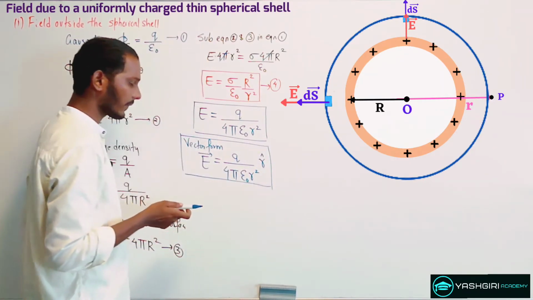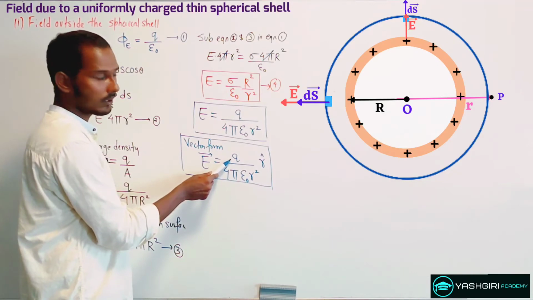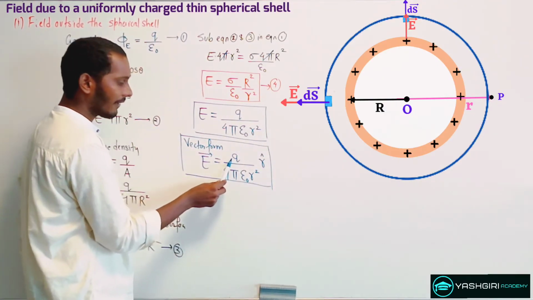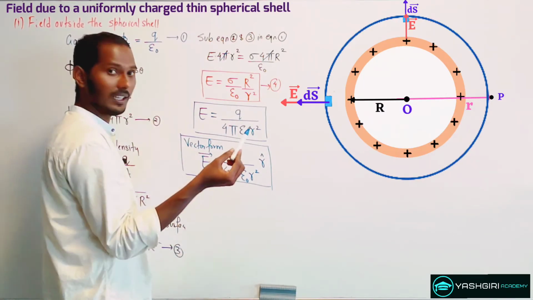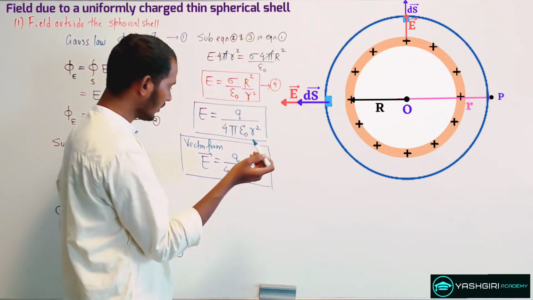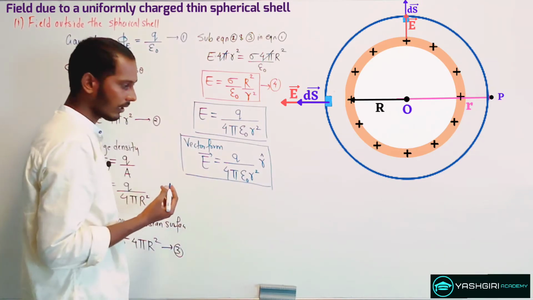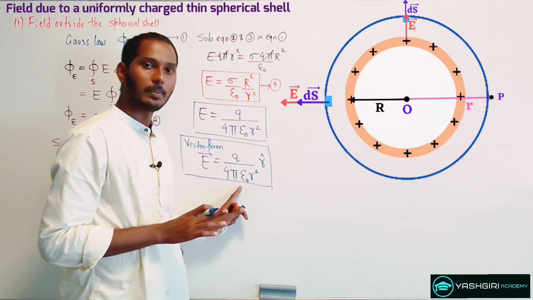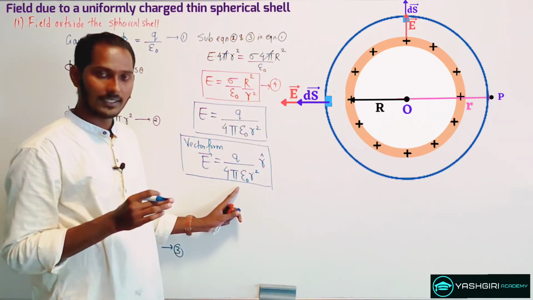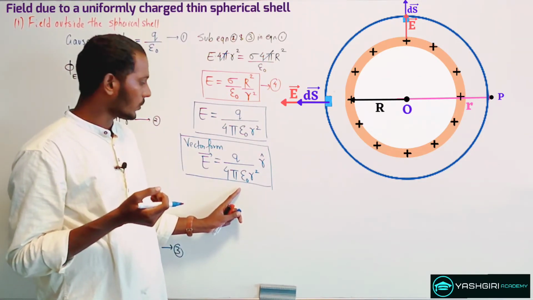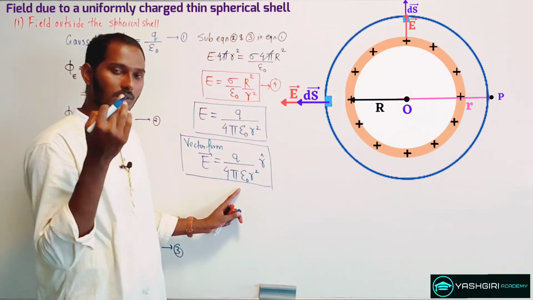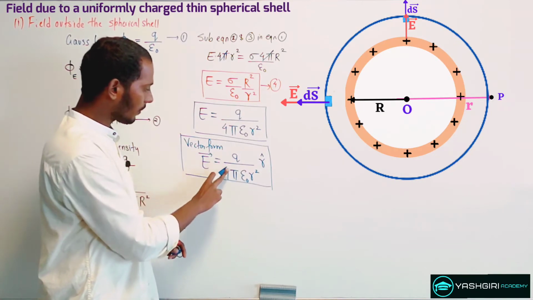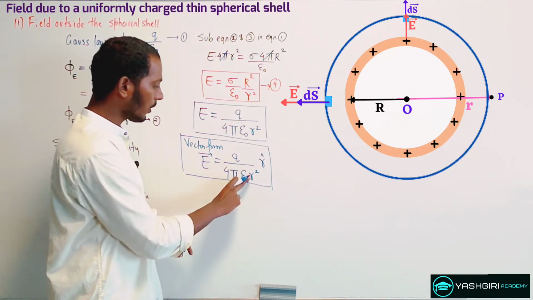Now here, if the charge q is positive, then the field lines will be pointing outward. And if the charge is negative, the field lines will be pointing inward. That is about the direction of this electric field. If you see this expression, it's exactly the same equation we got for a point charge placed in space, 1 upon 4 pi epsilon naught into q upon r square.